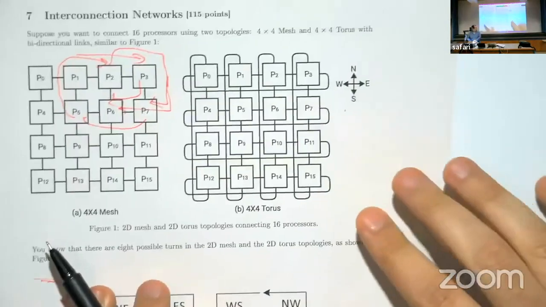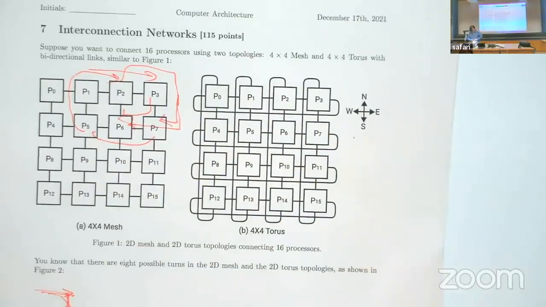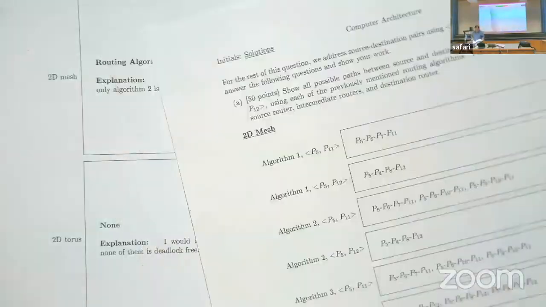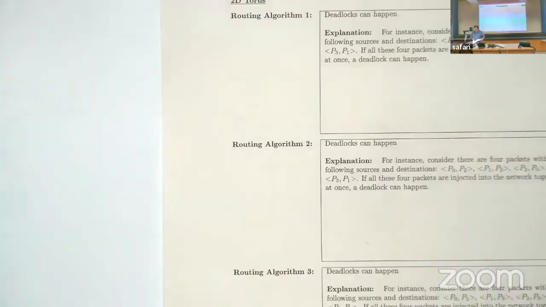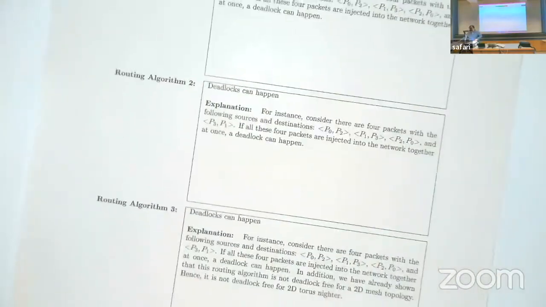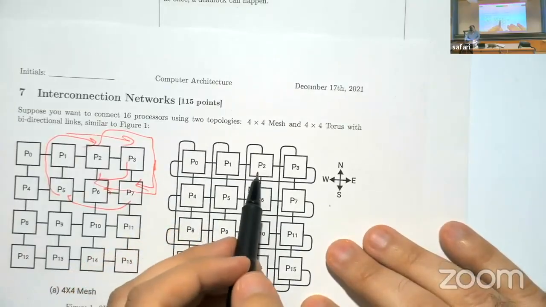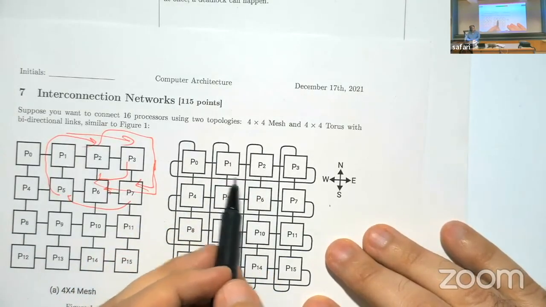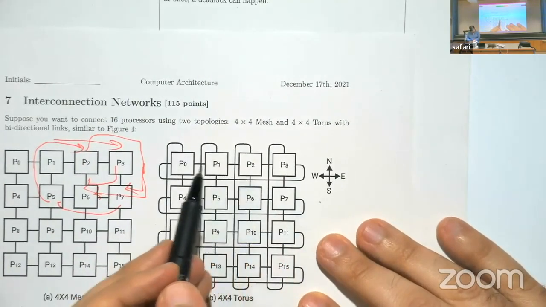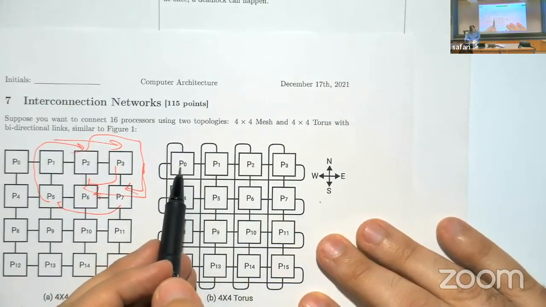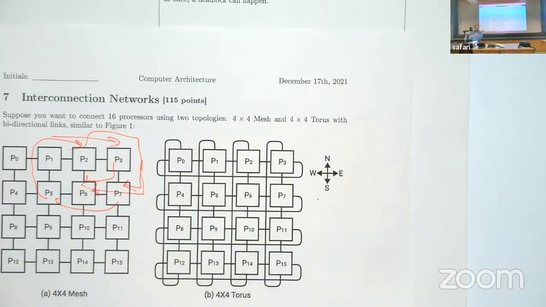So if we only use XY routing, consider this example: P0 wants to send to P2, P1 to P3, and then P2 to P0, okay? And P3 to P1. These 4 packets make a circle.